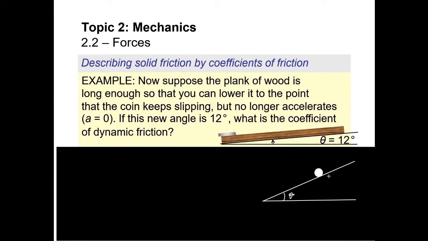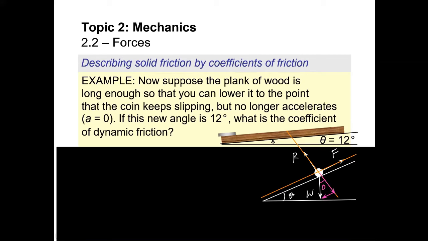So we have the reaction force upward, we have the weight downward, and we have the friction force. We draw the x-axis, which is parallel to the surface, and we also draw the y-axis, which is perpendicular to the surface. This is the weight, this is the reaction force, this is the friction, and the weight has two components.